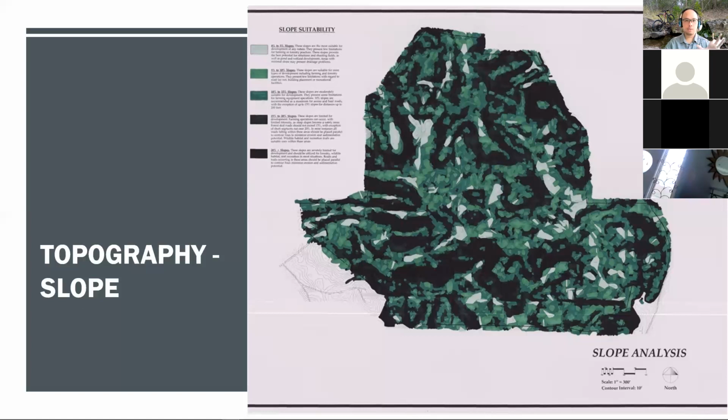The range of each slope class depends on the intended use of the site and on the specific site and contextual conditions, which include soil characteristics, vegetative cover, and of course, regulatory requirements. For example, to prevent significant environmental and aesthetic impacts, development regulations may prohibit construction on very steep slopes, for example, greater than 25%.